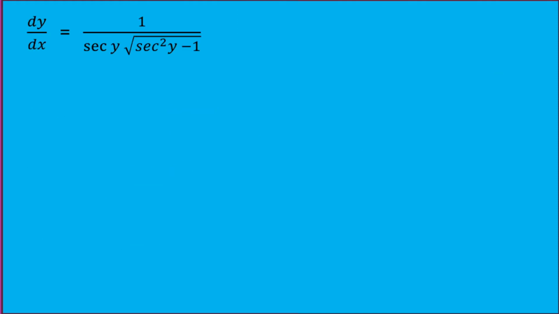Let us continue the process. We stop here: we have dy over dx is equal to 1 over secant y times the square root of secant squared y minus 1. And since secant y is equal to x from equation 1, we are going to replace again the secant y by x.